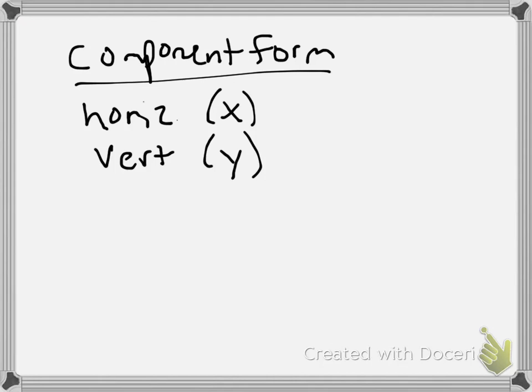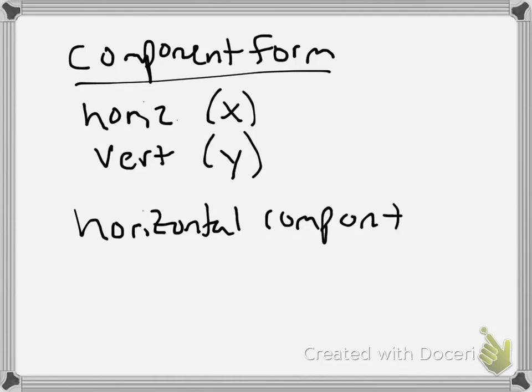So, we find the components of a vector if we have our initial point and terminal point. If you're looking at a horizontal component, and basically what that means is that you're moving on your x, okay?